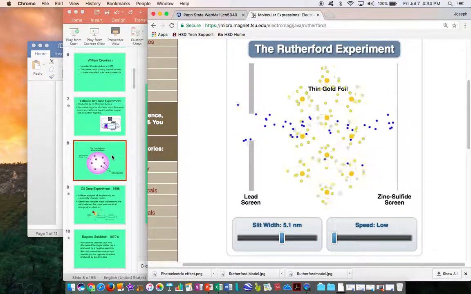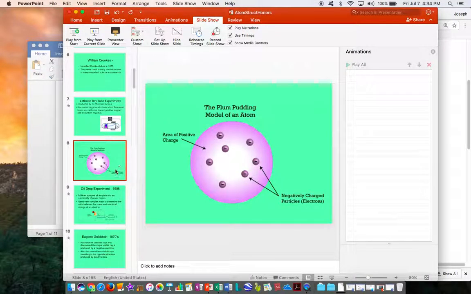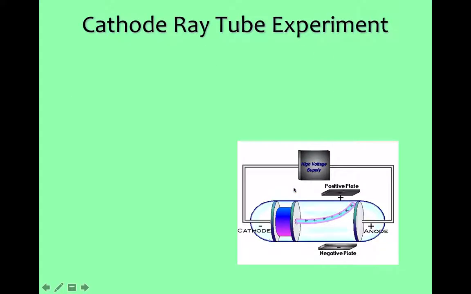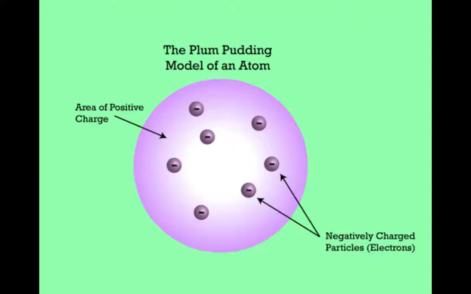Now, when we go back to Thomson's model of the atom, when we look at it, what would positive particles be bouncing off of that would send them straight backwards? So Rutherford said, this model of the atom must not be correct.